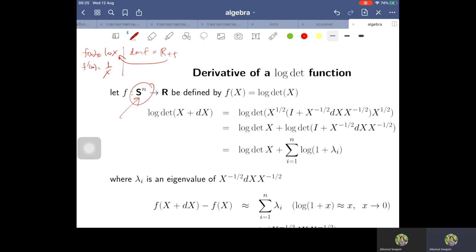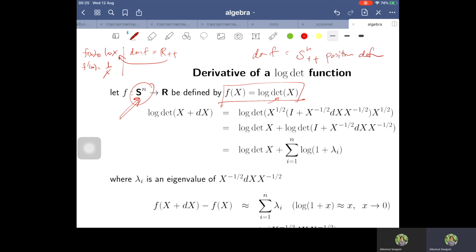Now, when we generalize to a function of a matrix, we say, let's define f(x) as a log determinant of x. And the domain of f is actually the set of positive definite matrices.